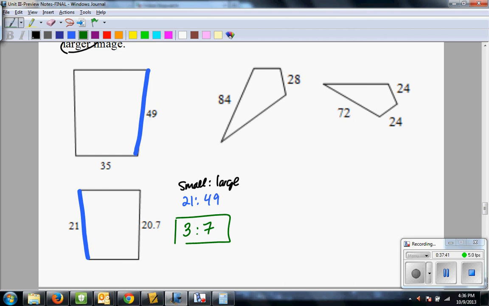Now I come over here and it says to go from small to large, so I write small to large. Now I want to match any two sides. So I'm going to do 72 to 84. Why not 84 to 72? Because it says small to large. So small is 72, large is 84. I'm going to see if these are divisible by something. We know they're both divisible by 4.